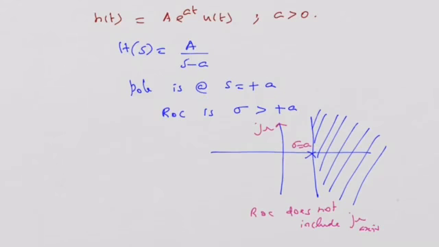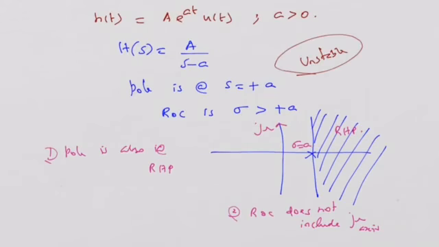And the pole is also available on the right half of the S-plane alone. Pole location is also at the right half of the S-plane and RoC does not include the j omega axis. So you can declare the result. The system will be an unstable system. Unstable system. That's all.